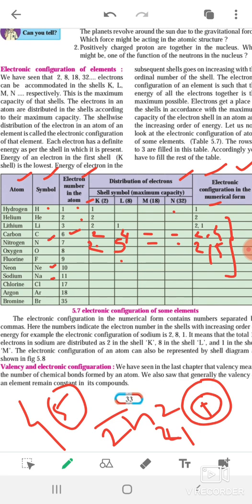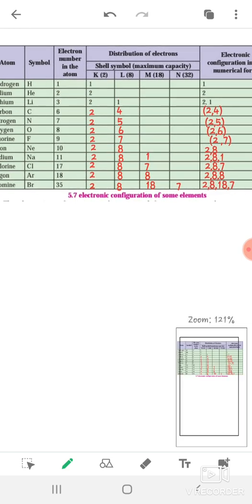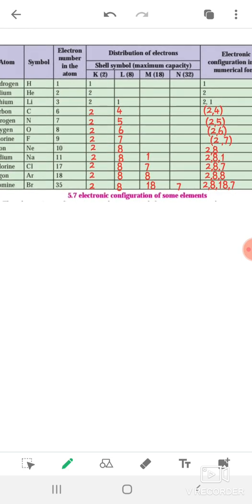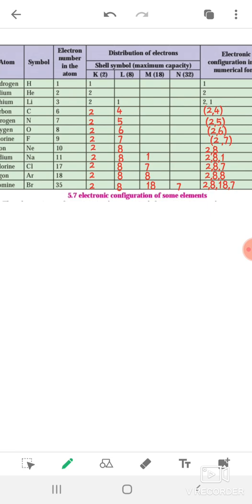I have already done this table, see here, it is written properly for you, but for better understanding let's solve it. So we have done nitrogen now. Nitrogen's configuration is 2 comma 5. Now oxygen, which we have done in the example, also has the last two orbits empty. So 2 comma 6 is oxygen's electronic configuration.